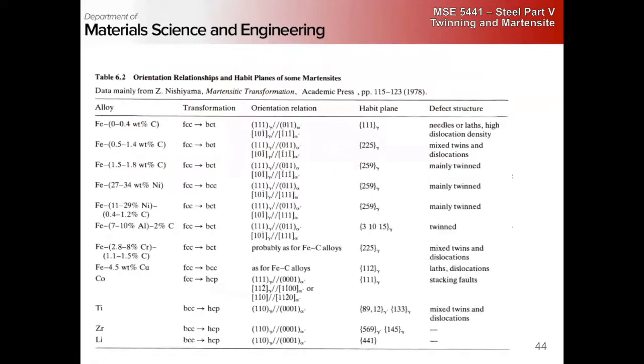And so we see, again just for information, the experimentally observed orientation relationships, habit planes, and structure of the martensite for different systems, right? And so you can see carbon and nickel have huge effects on the structure and the kinetics of the martensite. Okay.